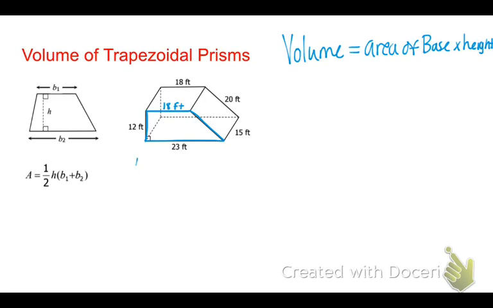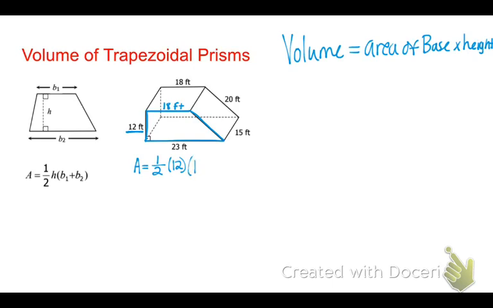So the area of my trapezoid is going to be half the height. Remember that our height goes between the two bases. So that would be 12 because that's between base 1 and base 2.